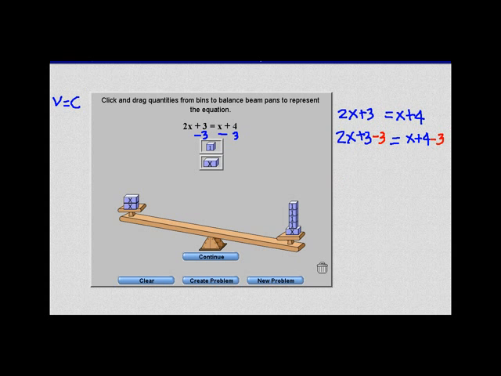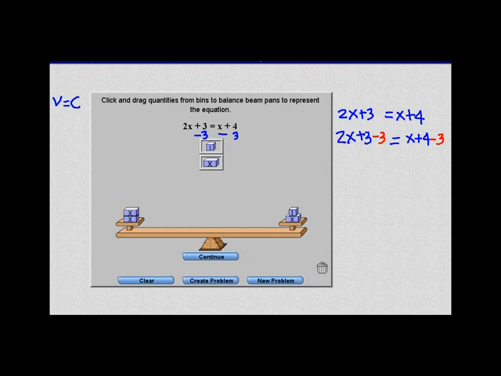And what do we get? Before I forget, we have to remove 3 units also here: 1, 2, and 3, and we have a balance. Then simplify the left-hand side, we get 2x. So we have 2x here equals, at the right-hand side, we have x, and 4 minus 3 is 1.